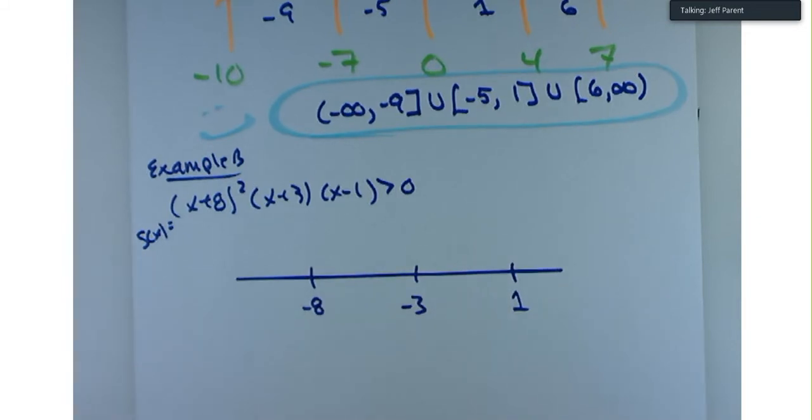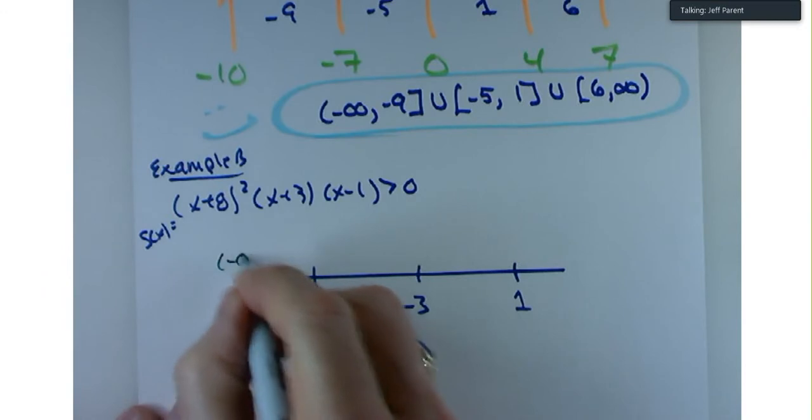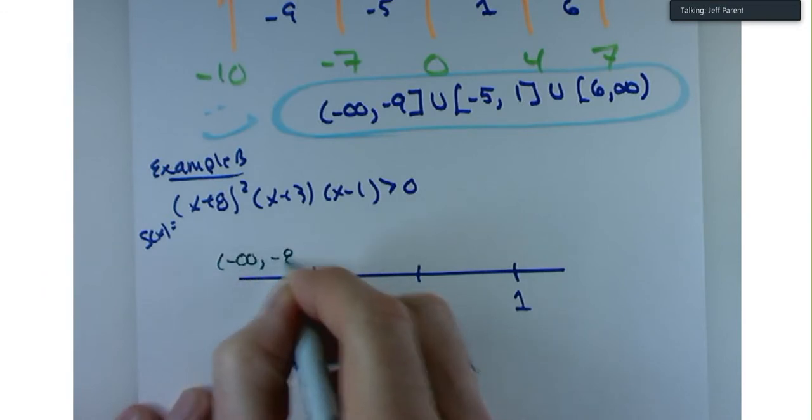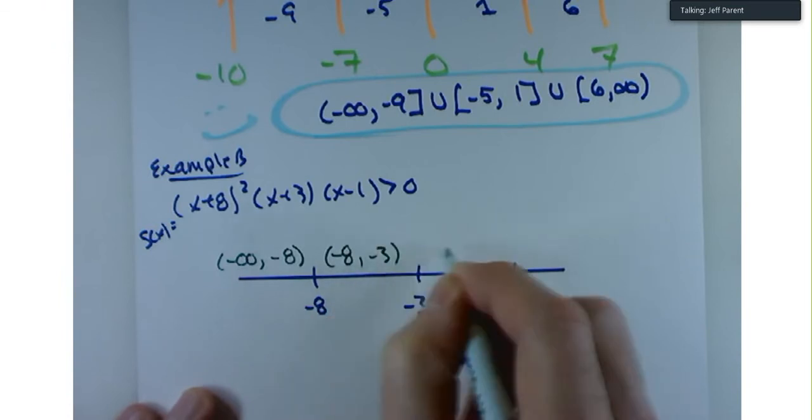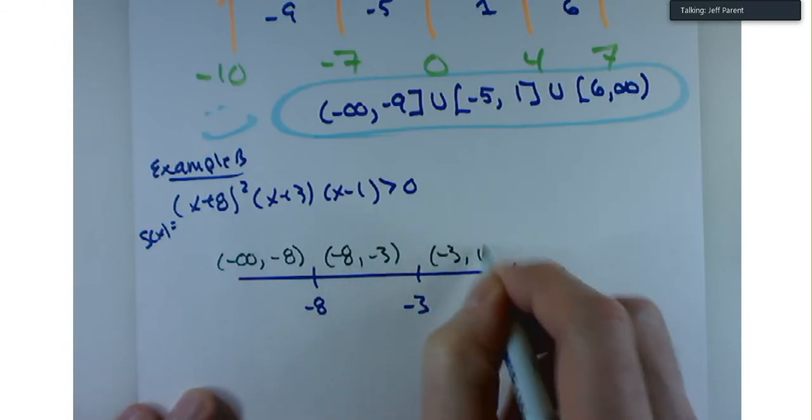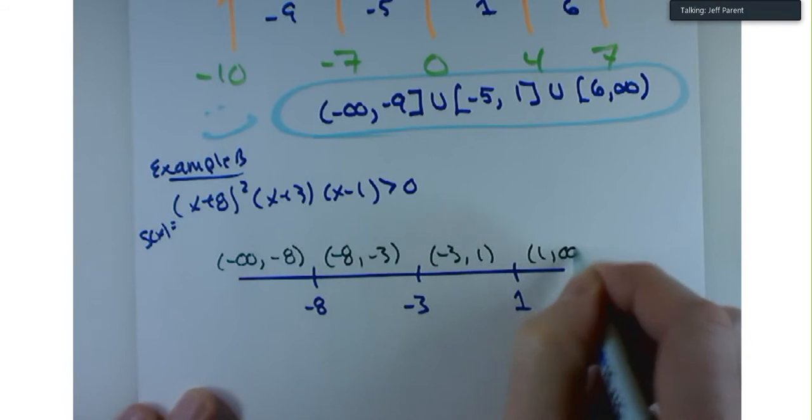Beautiful. And once again, you get intervals along the x-axis: -infinity to -8, -8 to -3, -3 to 1, and 1 to infinity.